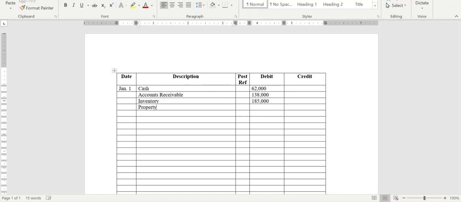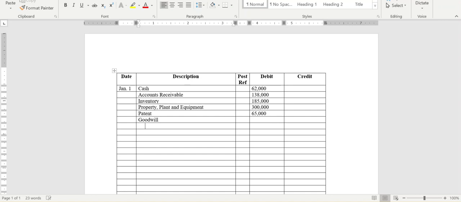We have our property, plant, and equipment at a total of $300,000. We also have a patent, and again, it's always recorded at its fair market value of $65,000. And we're going to record goodwill, and we're going to come back to that number in a minute.